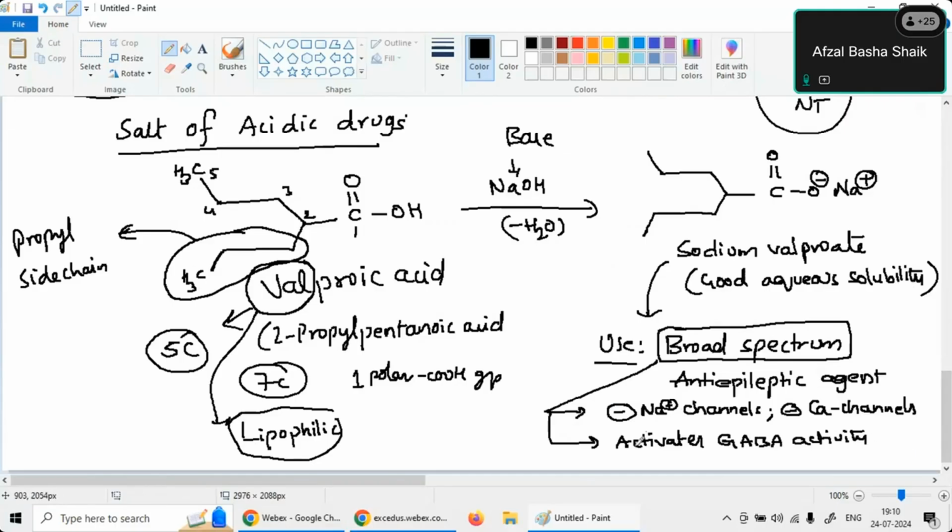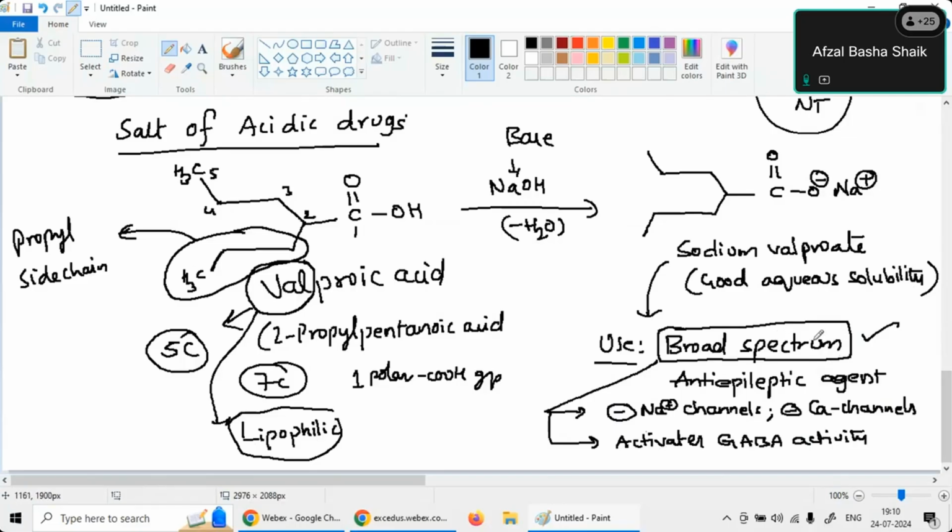As it has three types of actions, it is considered as a broad spectrum anti-epileptic agent. This particular point has been asked in NIPER nearly 6 to 7 times, as per my knowledge.